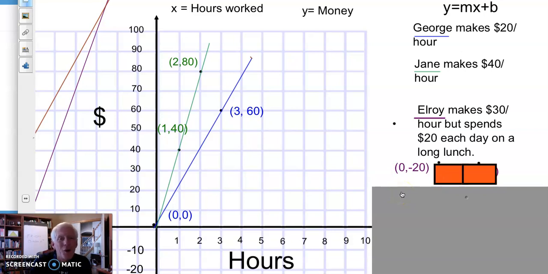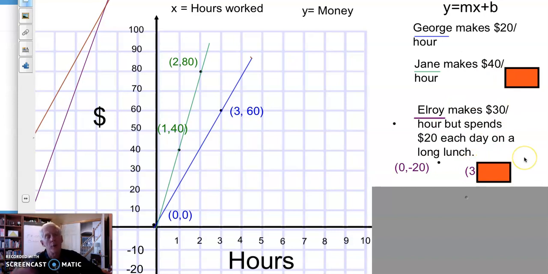He would lose $20. If he was to work for 3 hours, how much would Elroy make? Let's see. He makes 30 bucks an hour, but he spends 20 on lunch one time, so if he works for 3 hours, he would make $70.